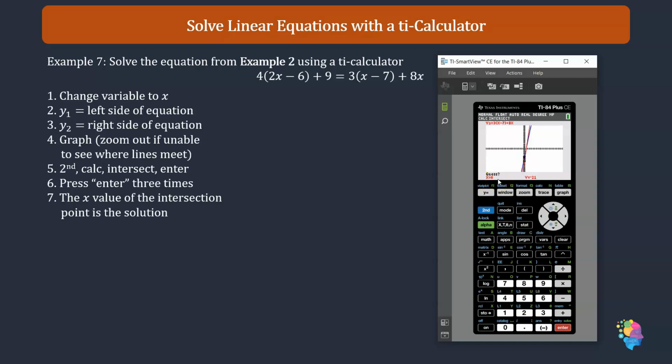And you're like, yeah, dude, I want the answer. So you press enter a third time. And the answer will be this x value, not the y value, but the x value. According to this, the answer to example 2 should be 2. And if you go back to the notes in example 2, you'll see that that's the answer that we got.